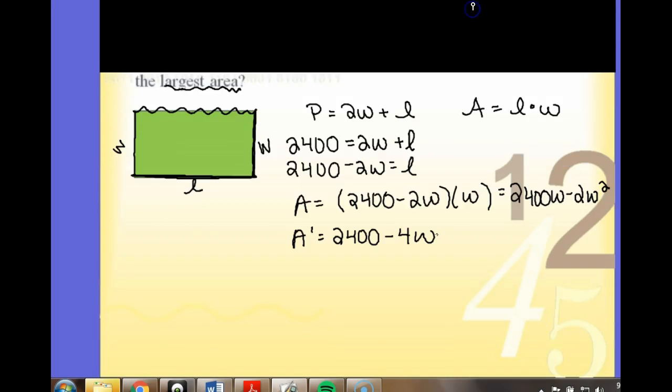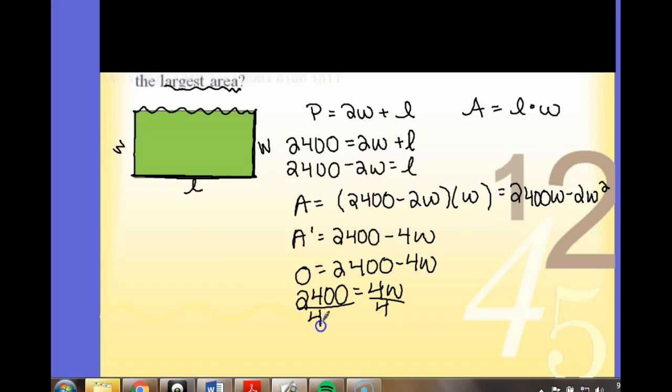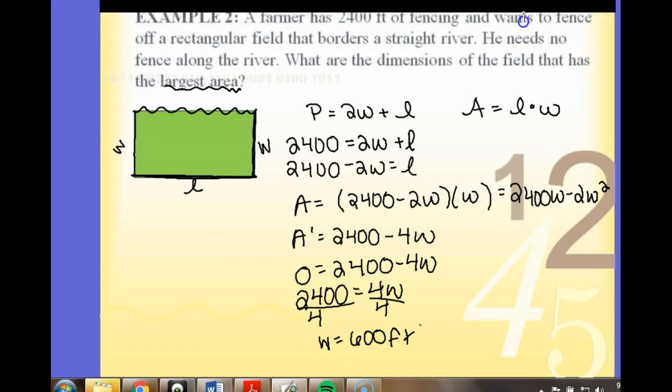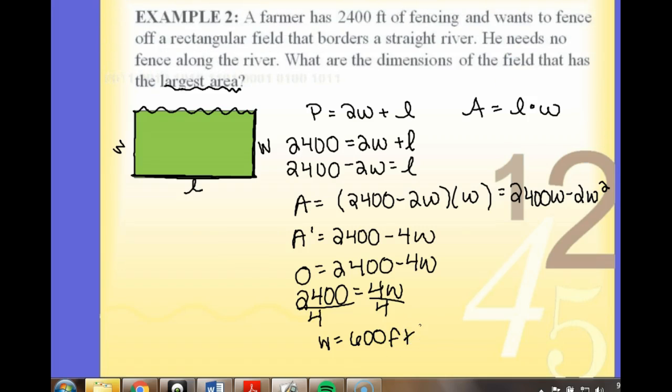So you set your derivative equal to 0, and we get that the W, or the width, has to be 600 feet.